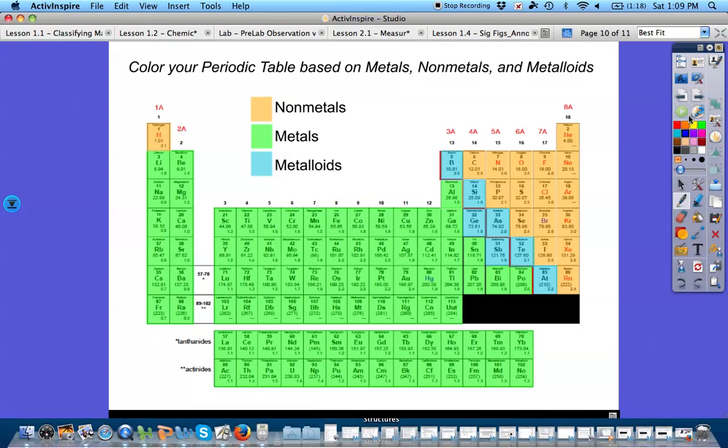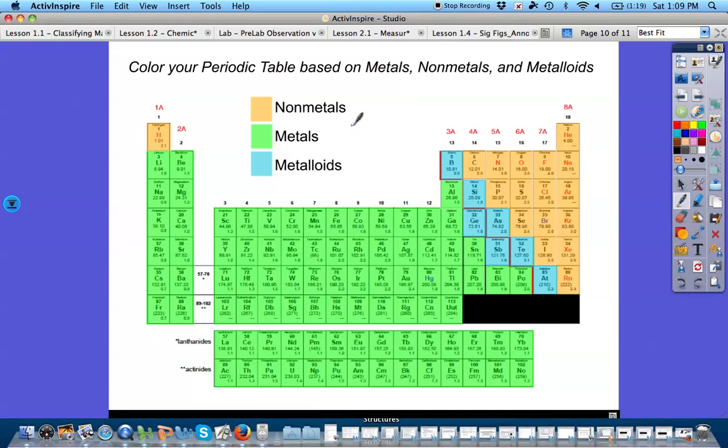On the next page, you have a periodic table. We are going to color the periodic table and show where the nonmetals, the metals, and the metalloids are at.